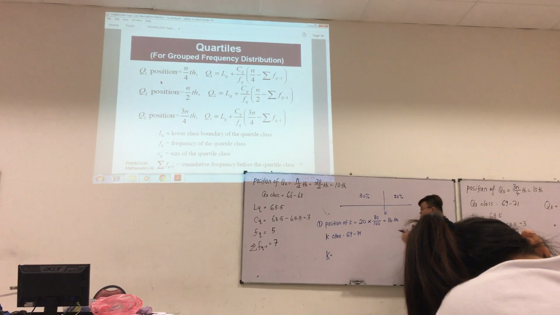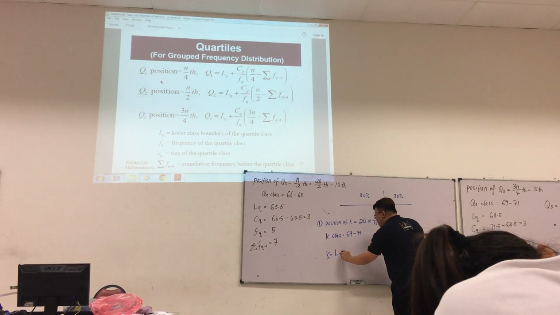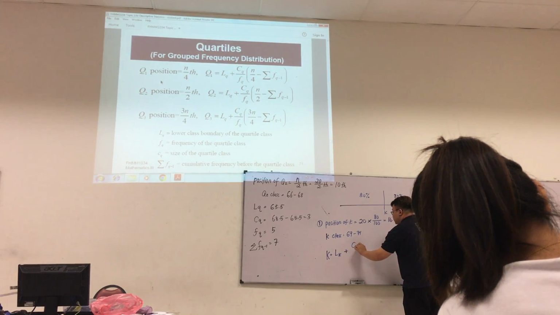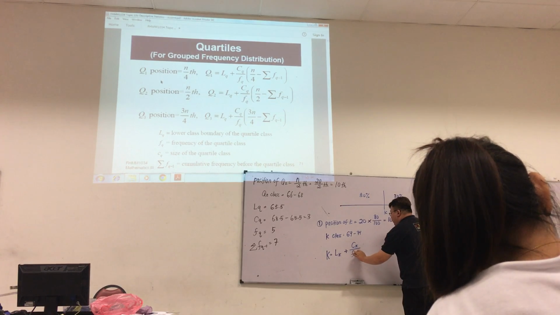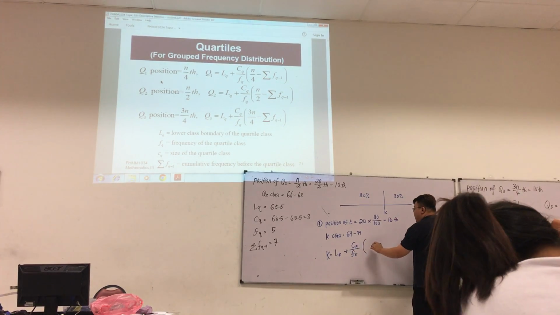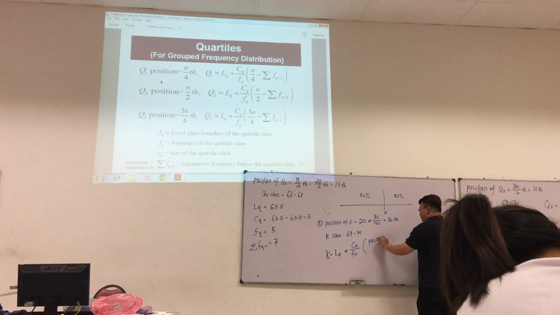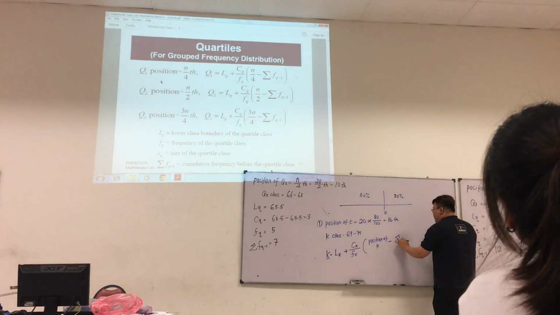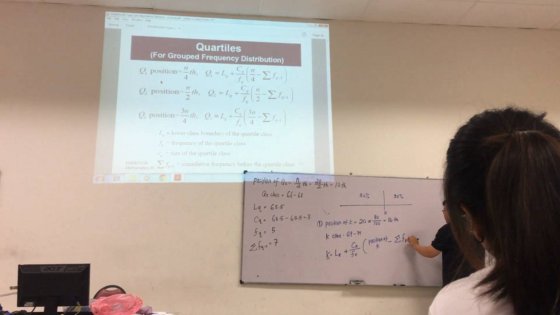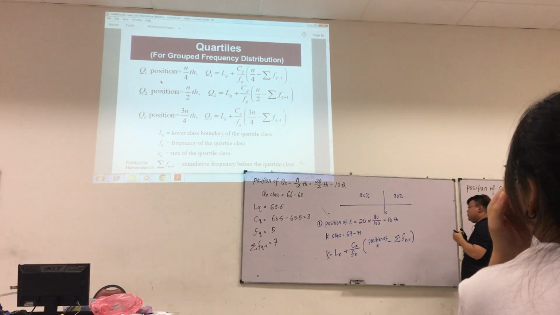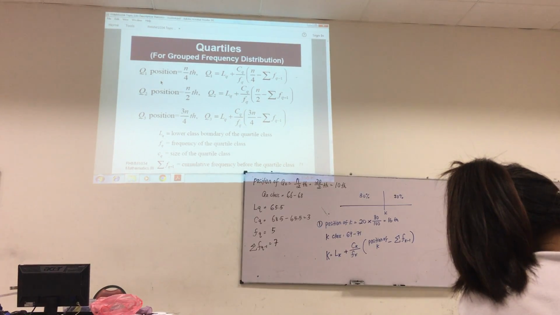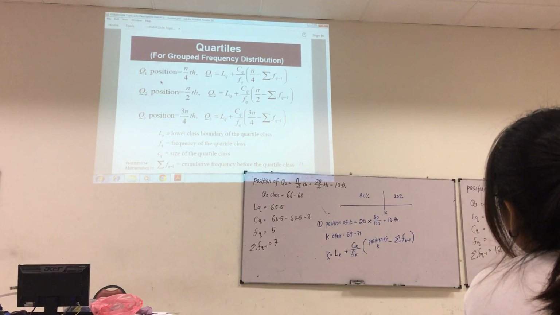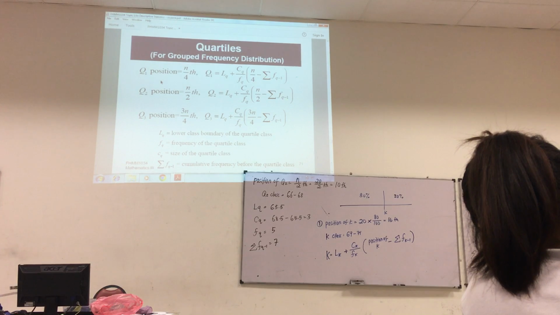Based on the quartile formula, it will be the lower boundary of the K class, plus the class width of the K class divided by the frequency of the K class, multiplied by the position of K minus the cumulative frequency before the K class. So basically, even though the formula is fixed to use the symbol Q, all these formulas can be modified by yourself. Okay?